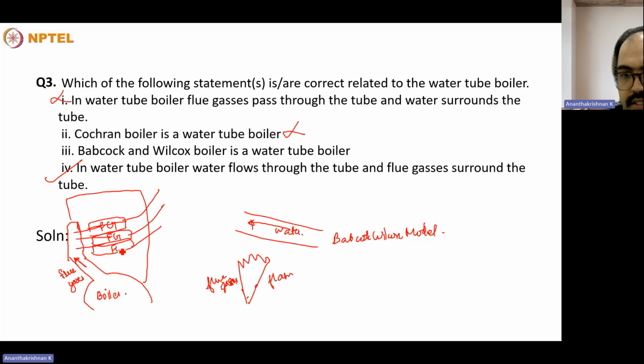Fg means flue gas. This is water. So this is a type of flue gas which flows through the tube. So this is called Cochrane boiler. So the right answers are option 3 and 4.